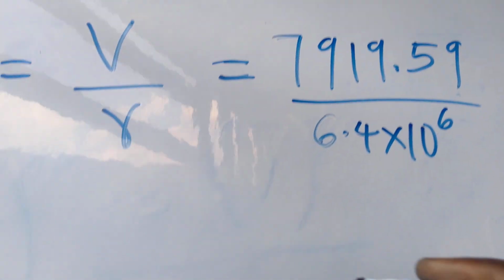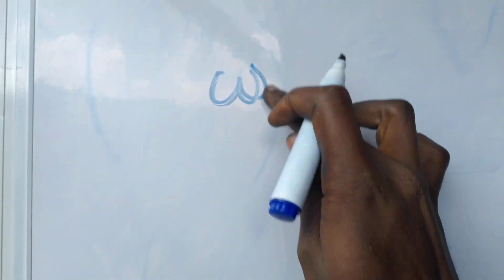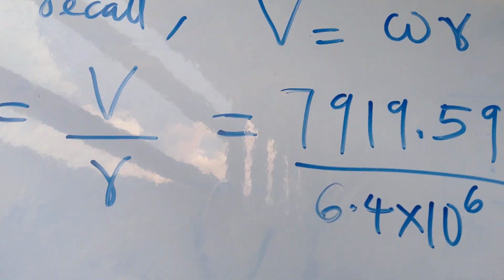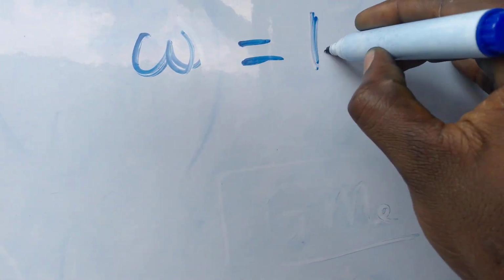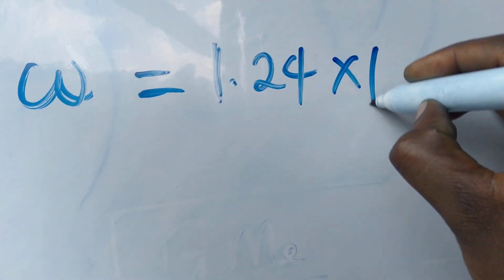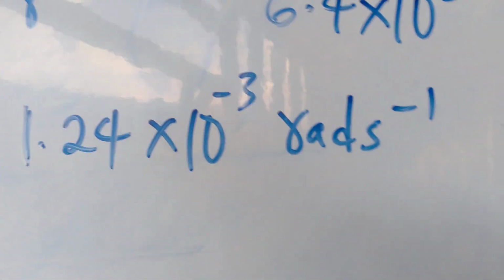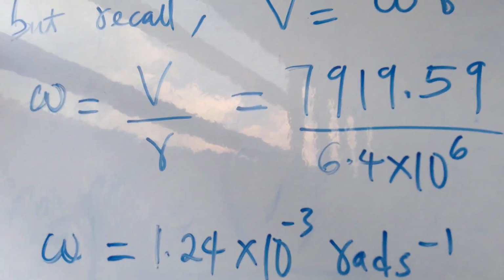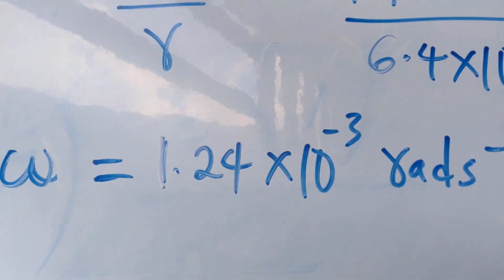So if I divide this now, omega will be 1.24 times 10 raised to power minus 3 radians per second. When I divide this by this, it gives me 1.24 times 10 raised to power minus 3.